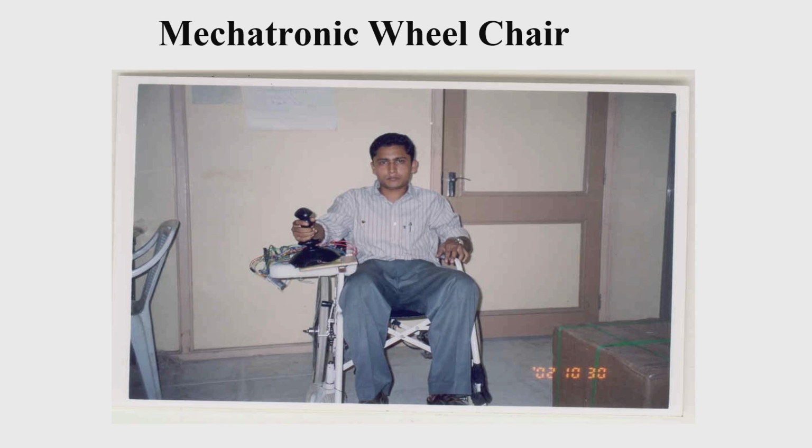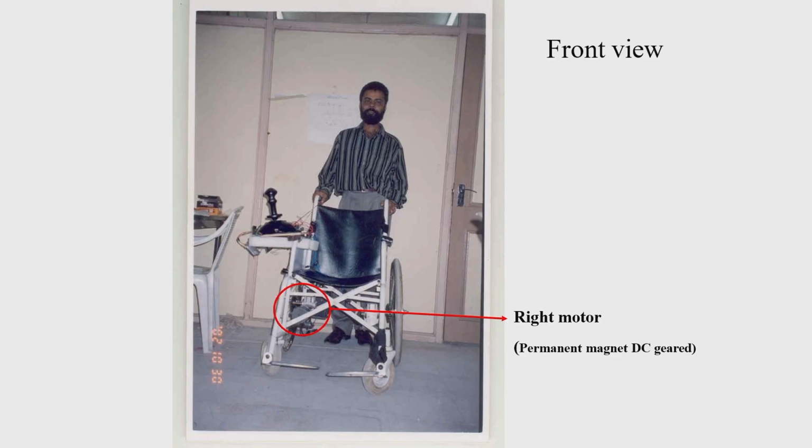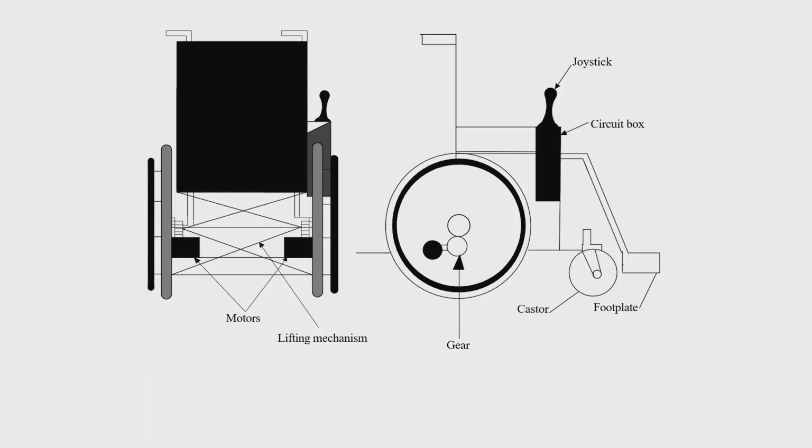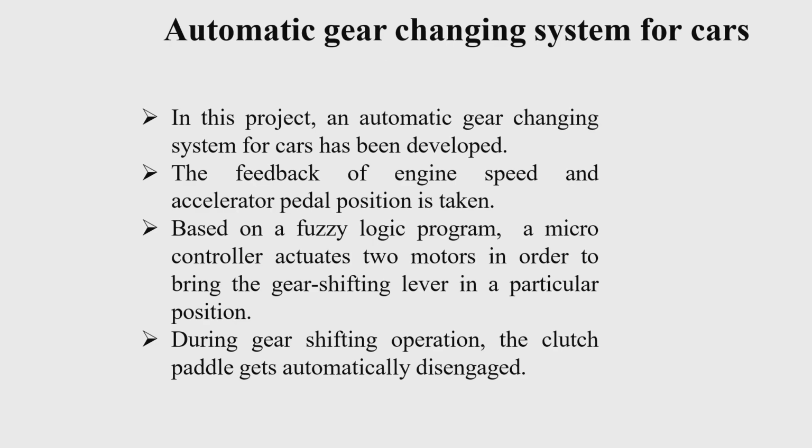We prepared a mechatronic wheelchair and tested it, which can run with a joystick, and we used different types of motors and batteries. We even made a lifting mechanism, where the seat can be lifted with a hydraulic system, and we made the hydraulic system also. Sometimes you have to use hydraulic systems. The only thing is that in those days we did not put any communication devices there. Now with IoT we can put all those things.